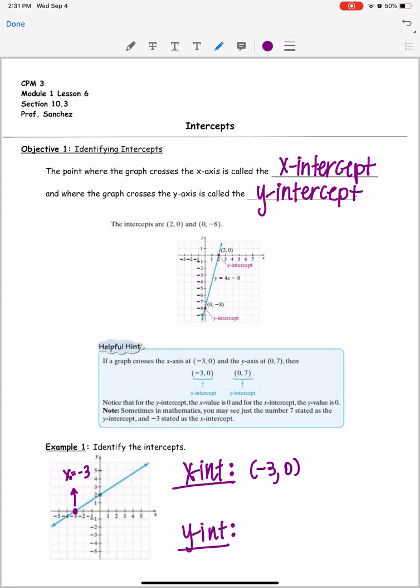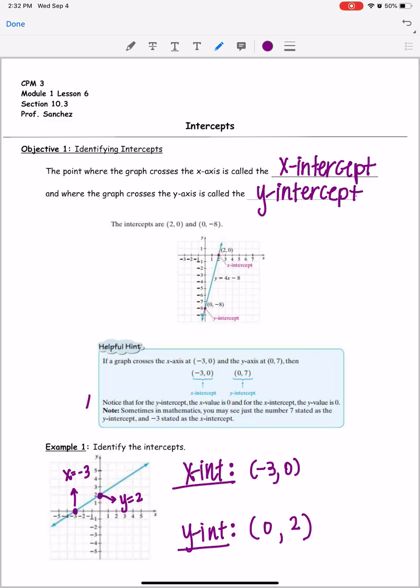So then your y-intercept, where is this line crossing your y-axis? It's right here. This point is at y equals 2. So same thing but opposite of this one here. If my y equals 2, then my 2 goes in place of my y coordinate, and then you put a 0 in for your x.